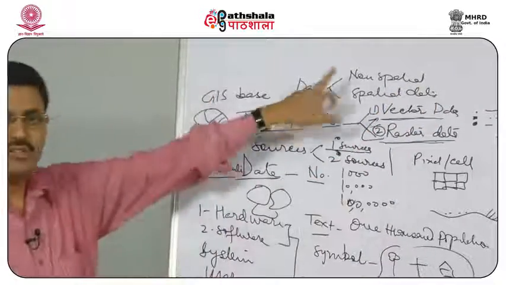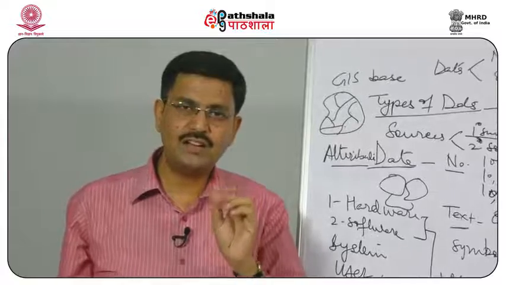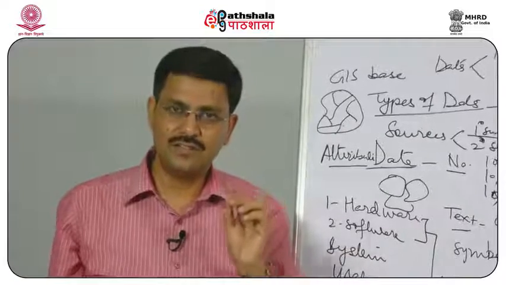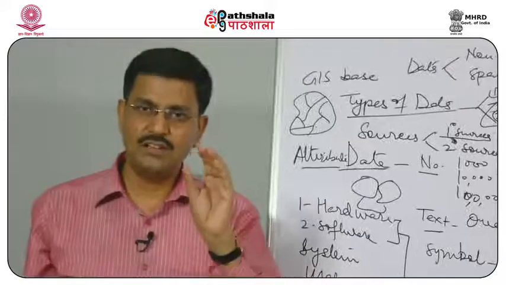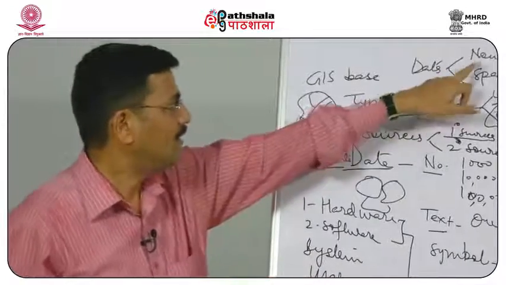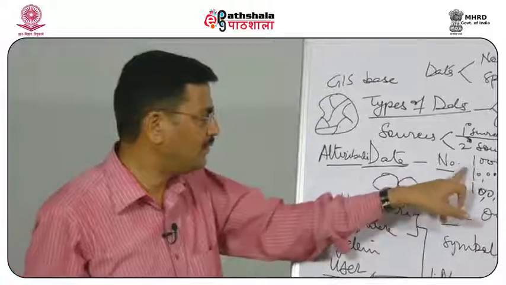Non-spatial data, as I was telling you, we get from different organizations, agencies and ministries. It is in published, numerical form. We also call it the attribute data, like what we have seen here.